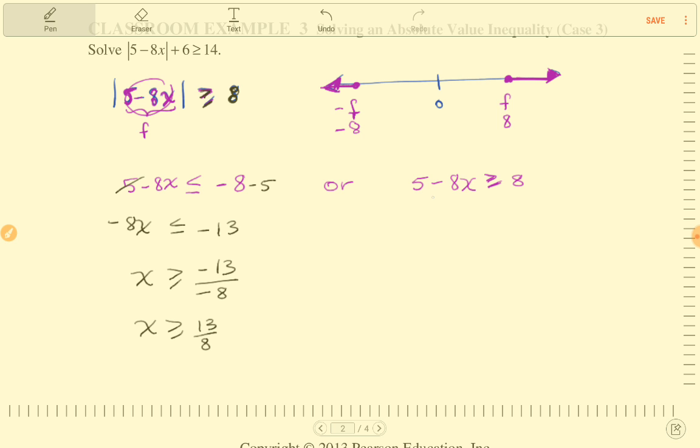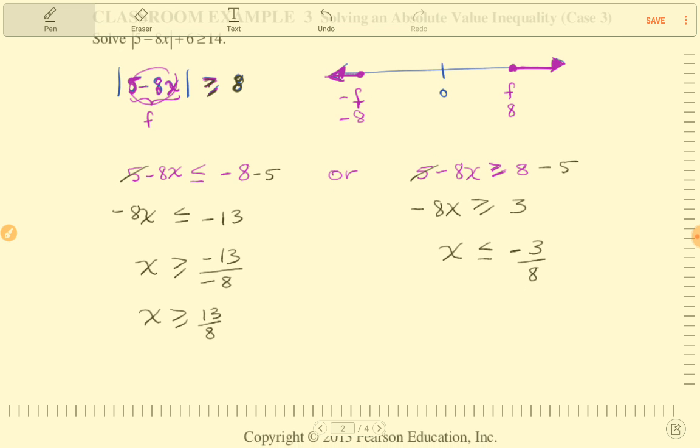Now I will do the other one. I have the same inverse operations to perform, so I will have negative 8x greater than or equal to 8 minus 5, which is positive 3. Then dividing by a negative, I will have to reverse my inequality symbol, and I will have x is less than or equal to negative 3 over 8 as my other boundary.